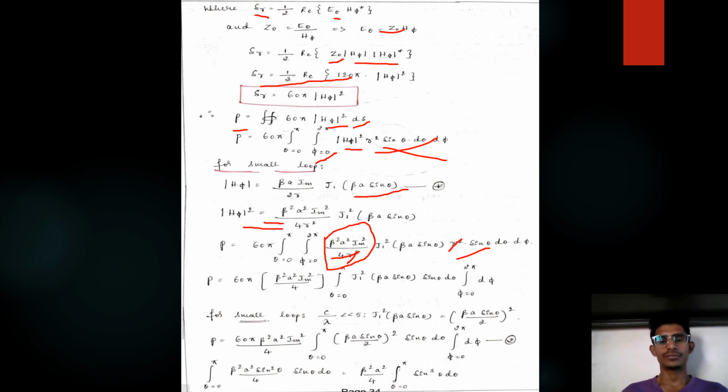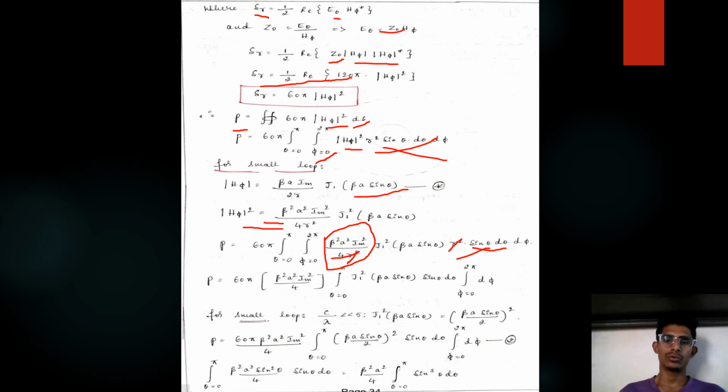Next, after 6 pi beta squared a squared Im squared divided by 4, here from theta 0 to pi, we have J1 squared of beta a sin theta and sin theta d theta. And separating the limits, theta from 0 to pi, and phi from 0 to 2 pi.